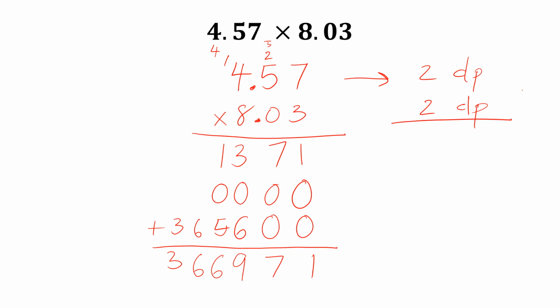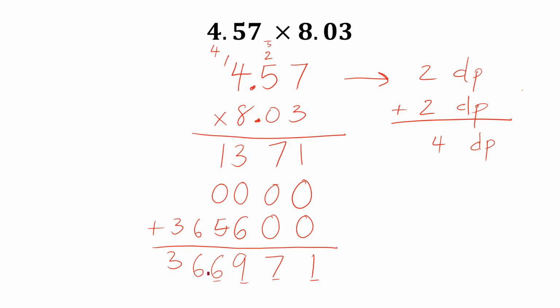So in total, we have 4 decimal places. That means in our product, in our answer, we should have 4 decimal places. So let's check. 1, 2, 3, 4. Start counting from the right. So our decimal point will be between the 2 sixes. So our answer to this question is 36.6971. Good job, guys.